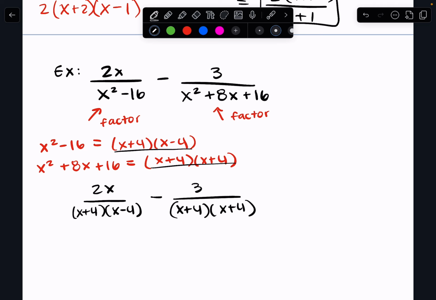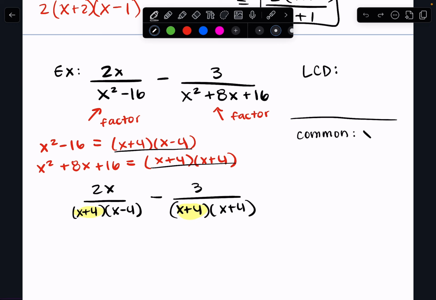All right, and so we have to check and see what do they have in common. So your LCD is going to be what? What do they have in common? I'll highlight it. We have an x plus 4 in common.